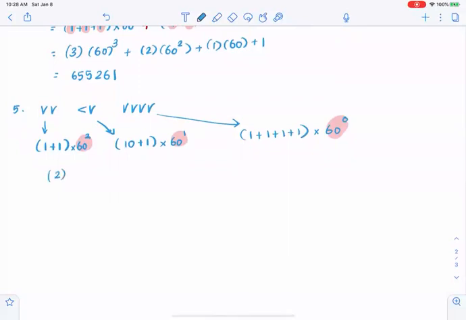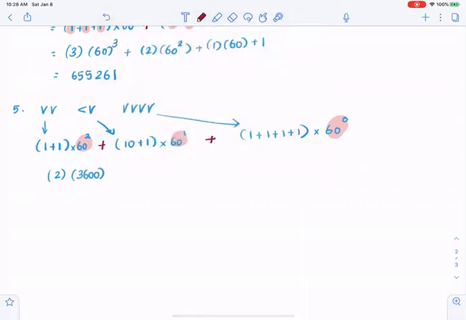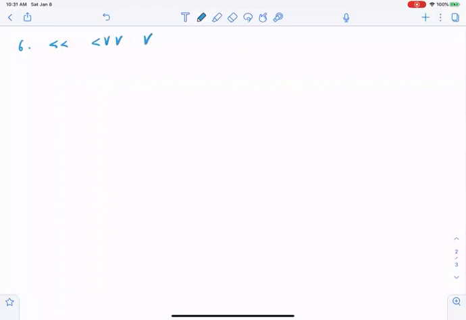So 2 times 60 squared, 3,600. Each space would be a plus. 11 times 60 plus 4 times 1. If you add them all together, you will get 7864. That's correct.